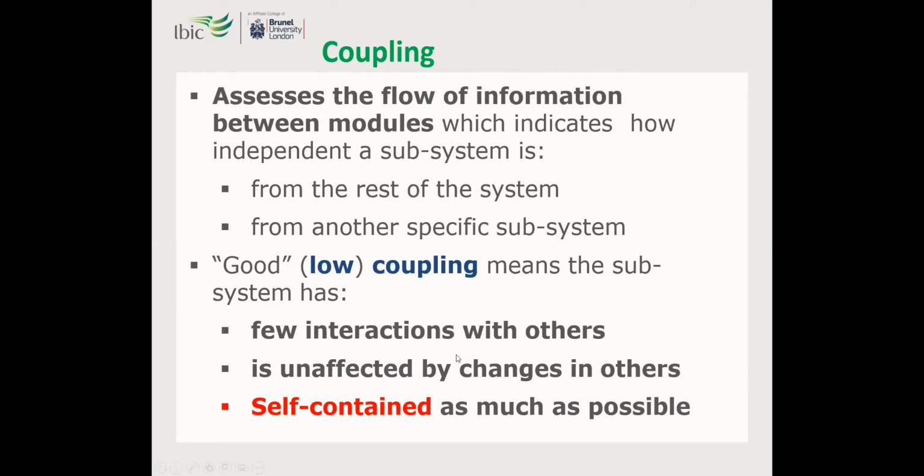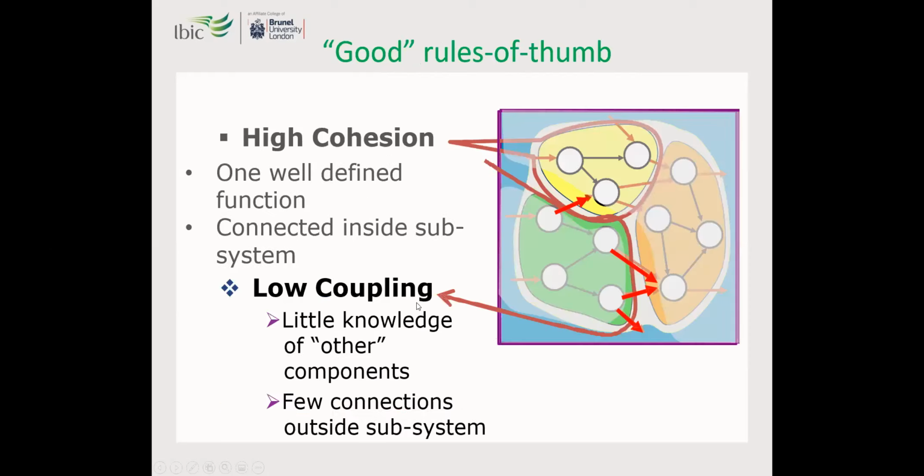It's going to be easier for us to figure out what we need to do and how we can connect them, right? So self-contained as much as possible, we like this because it's easier. So a good system, rule of thumb, is high cohesion and low coupling. It's obvious, we already talked about this.